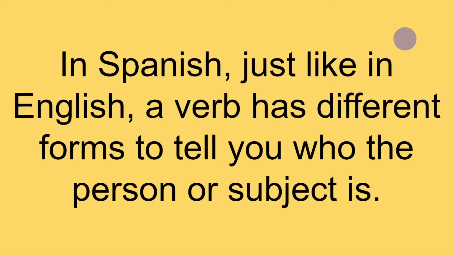In Spanish, just like in English, a verb has different forms to tell you who the person or subject is. In Spanish, it is very essential to learn the conjugations because by doing so, you will learn how to speak very well and become fluent.